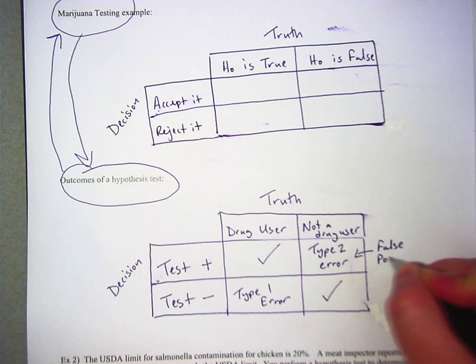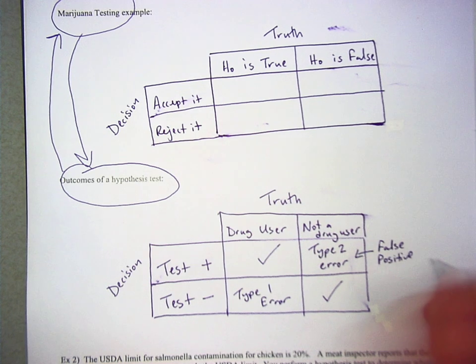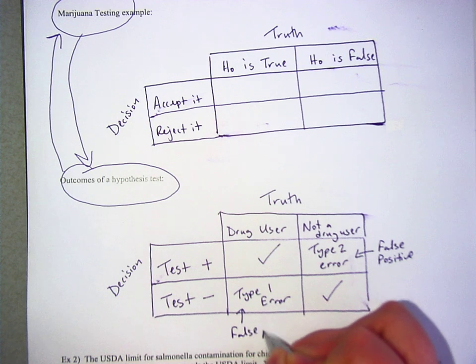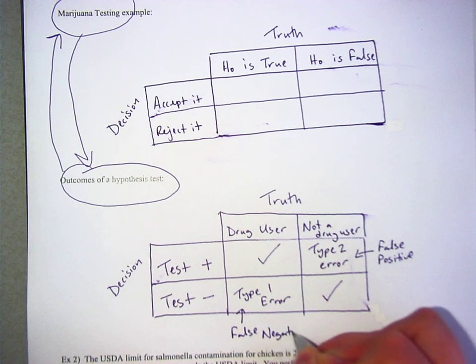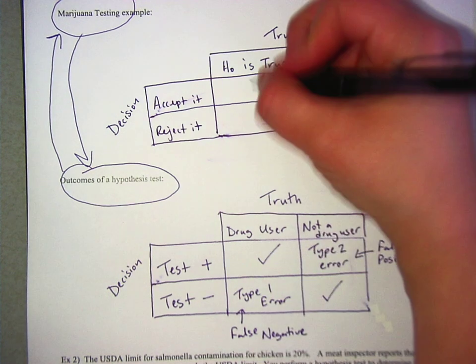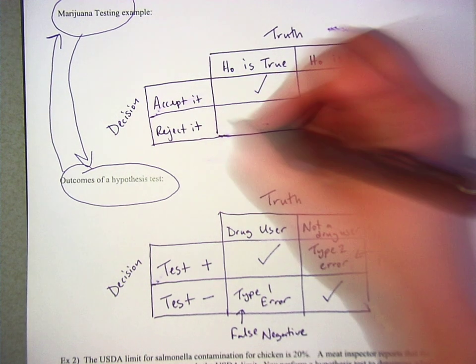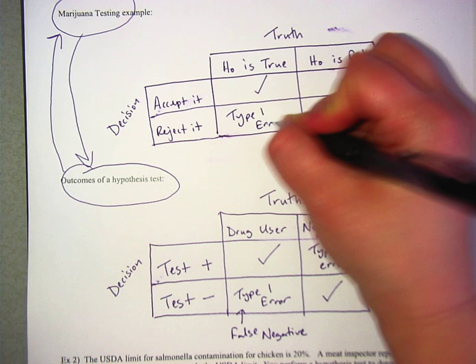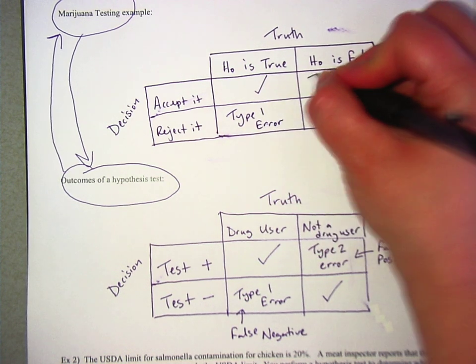You heard of this before? False positive, and this one is a false negative. And it's the exact same thing with hypothesis testing. This is a type 1 error. And this is a type 2 error.